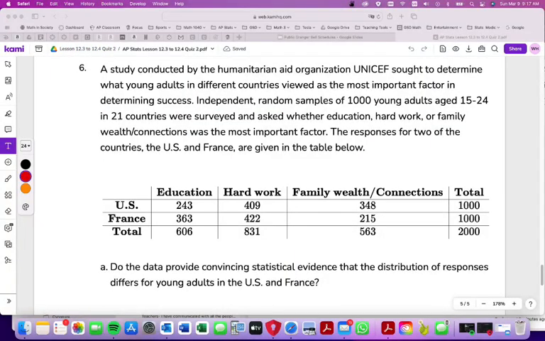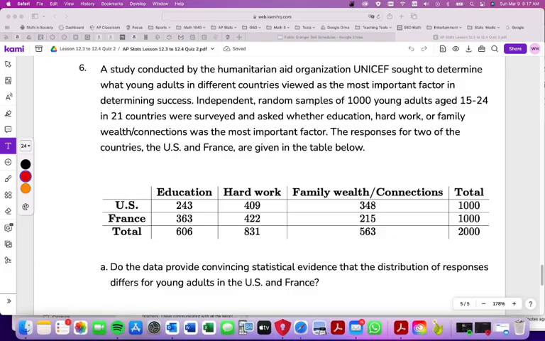Okay, so now we continue with the FRQ for the second quiz, right? Question number 6. A study conducted by the Humanitarian Aid Organization, UNICEF, sought to determine what young adults in different countries viewed as the most important factor in determining success.